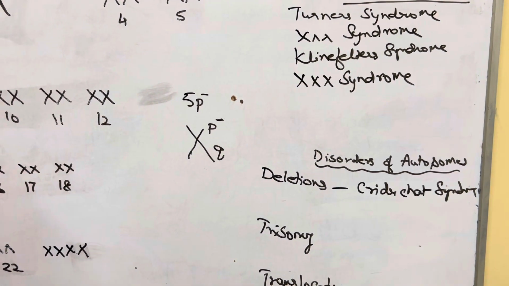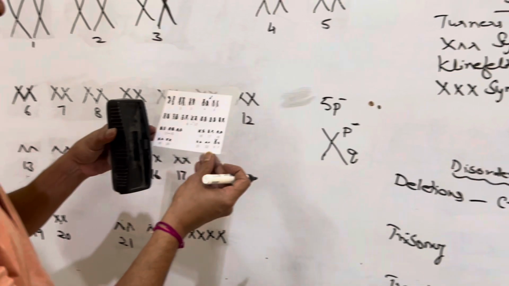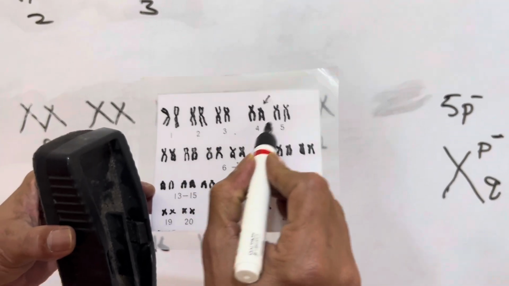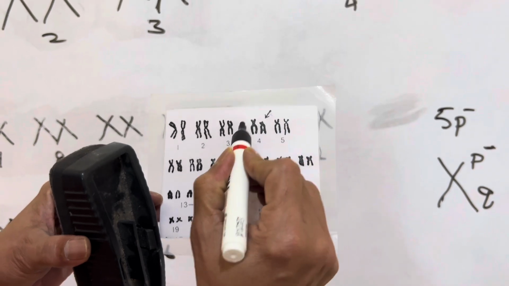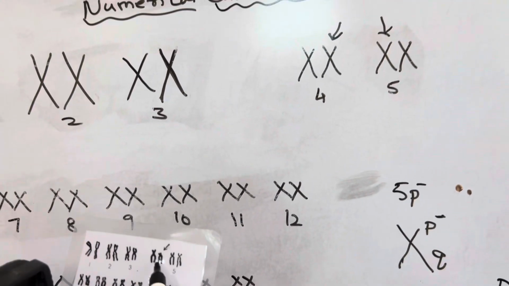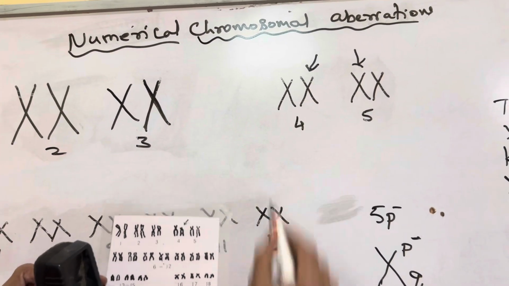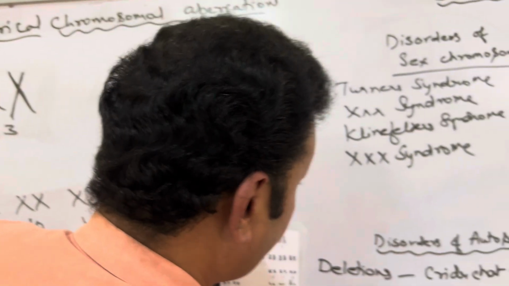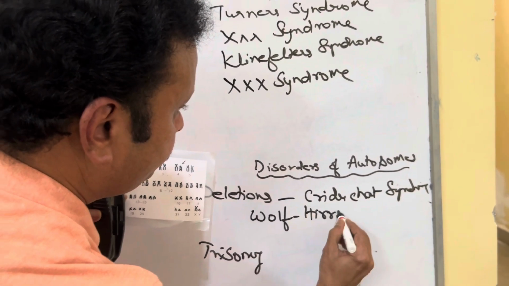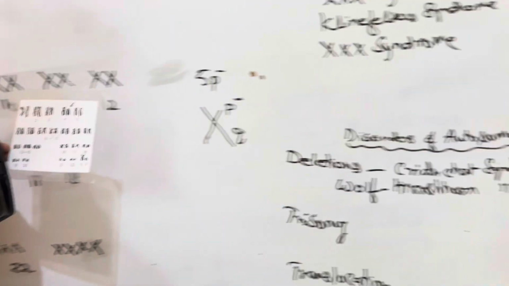Is it clear? Similarly, in this chart, there is a syndrome affecting the 4th pair of chromosomes. Arrow mark is indicated here. That is deletion of the short arm of chromosome number 4, which we call Wolf-Hirschhorn syndrome.